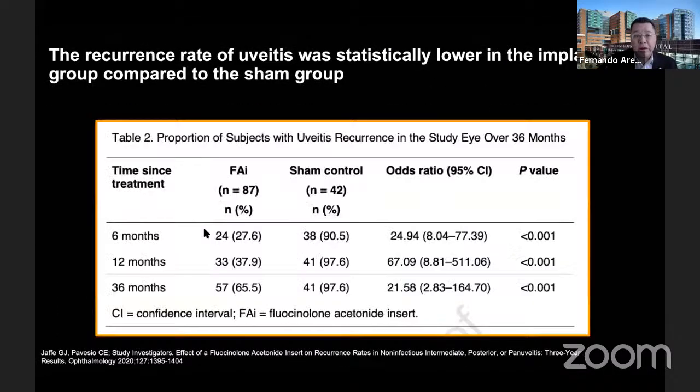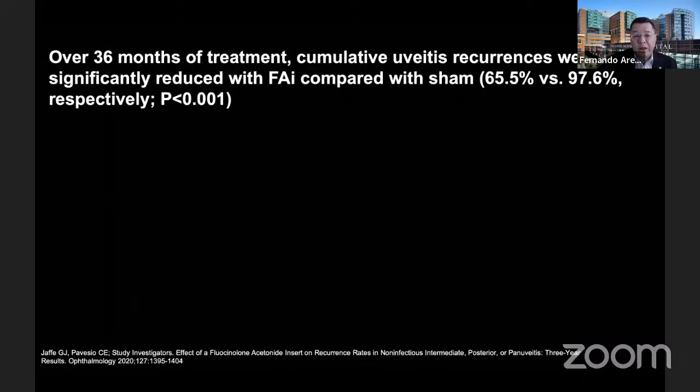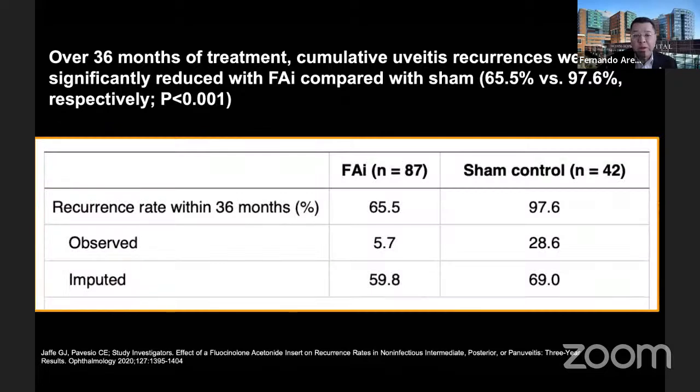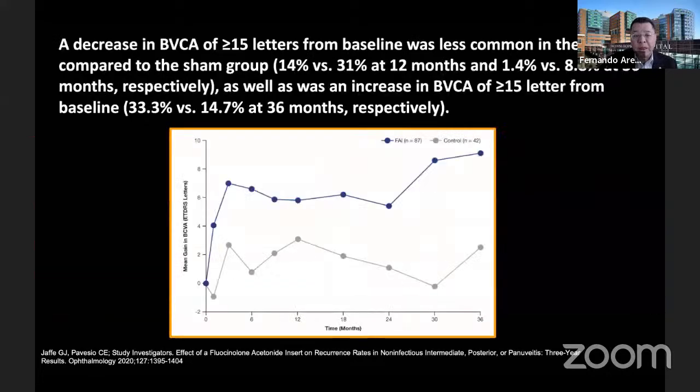And here we can see that the recurrence rate of uveitis was statistically lower in the implant group compared to sham at 6, 12, and 36 months of follow-up. Here, over 36 months of treatment, the cumulative uveitis recurrences were significantly reduced with fluocinolone acetonide compared to sham. You see the difference there.